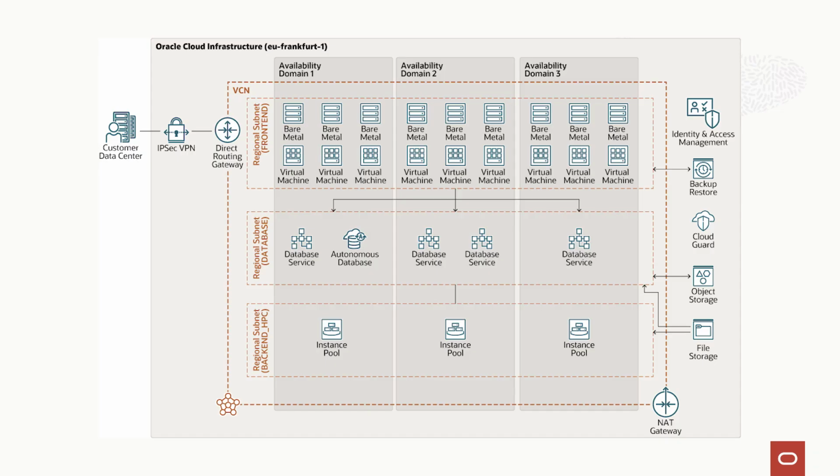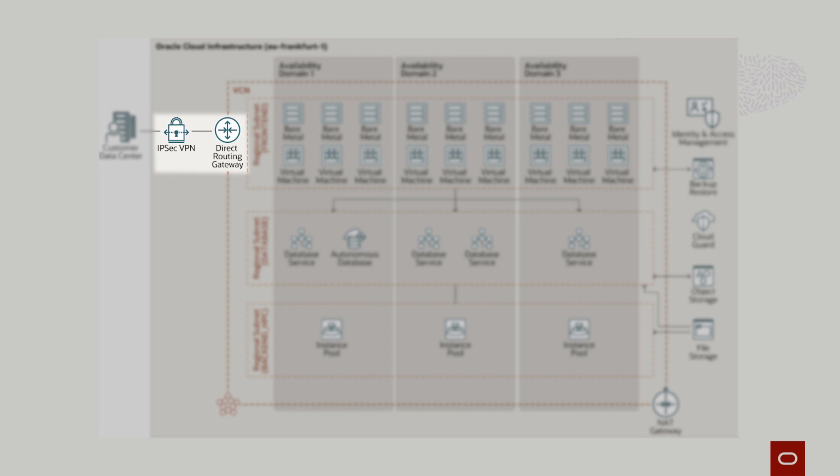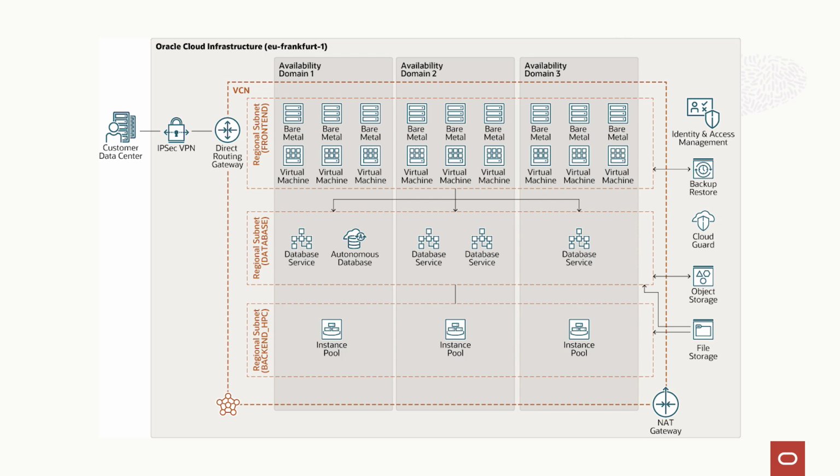And the most important part, as I told you before, showing you in the upper left corner of the architecture diagram, one of the most important parts is the IPsec VPN, which implements the connectivity between the on-premises and the OCI infrastructure.